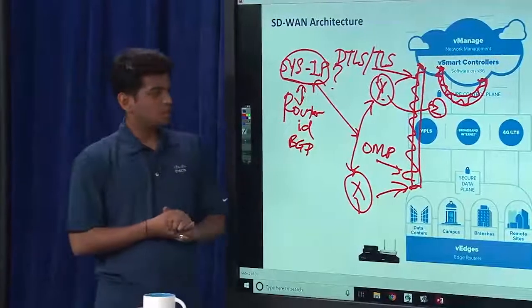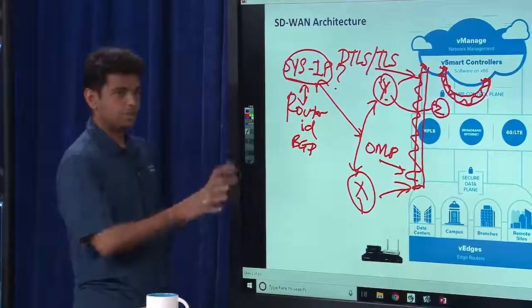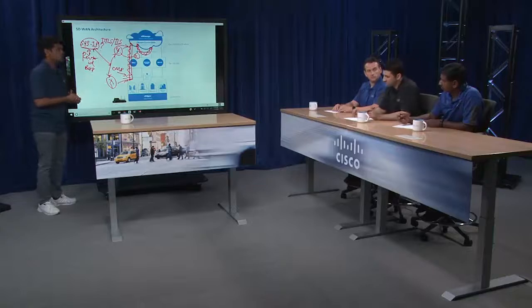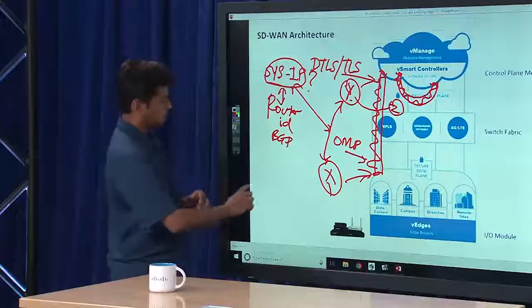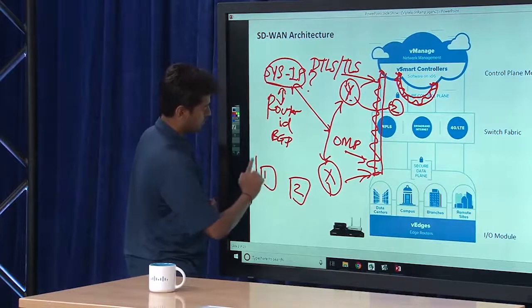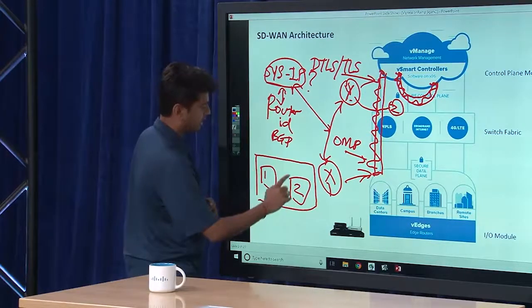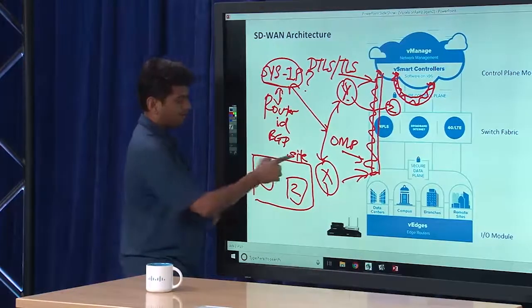Thanks, David. So yes, that was the brief overview to get started with where OMP runs. Yeah, another quick question: when you talk about site ID, what if I have a site that's physically located with another vEdge? Will their site ID or system IP be the same? Yes, that's a good question. If two vEdges, say vEdge 1 and vEdge 2, are physically located in the same site, they both will have the same site ID.